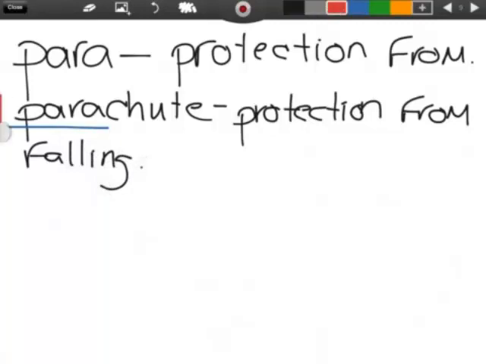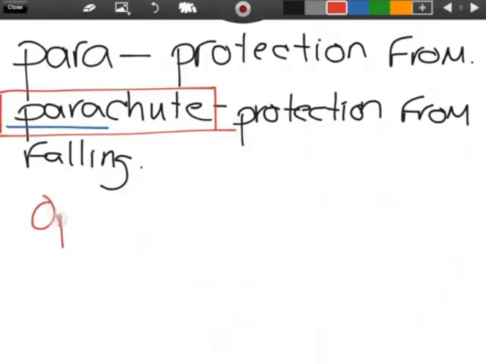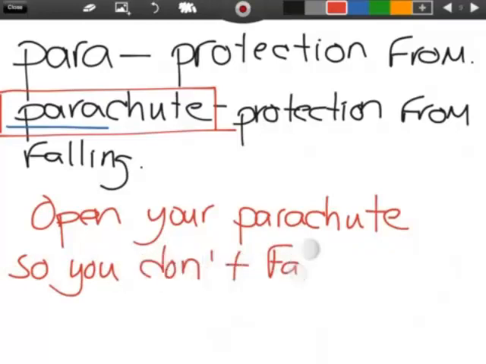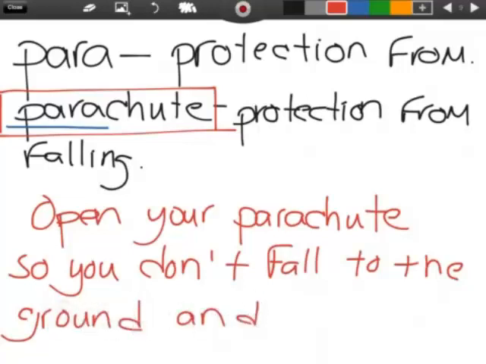I'm going to use parachute in a sentence. I'm going to read that to you. Open your parachute so you don't fall to the ground and die.